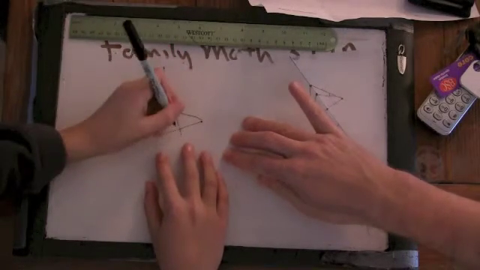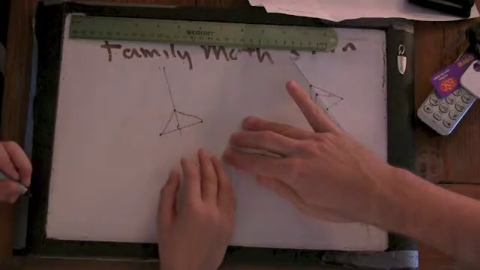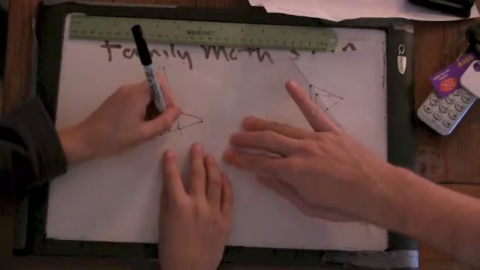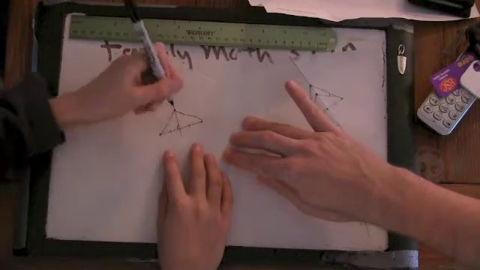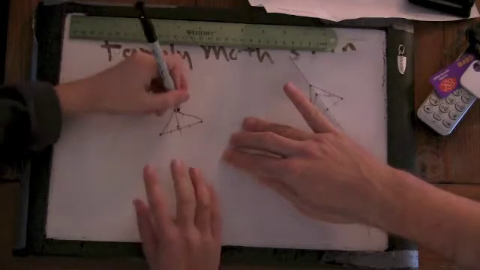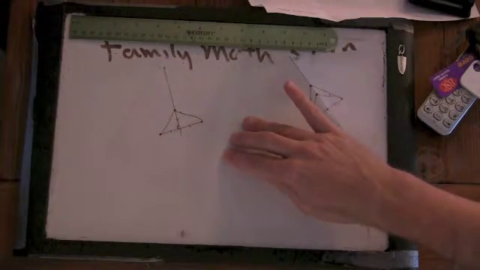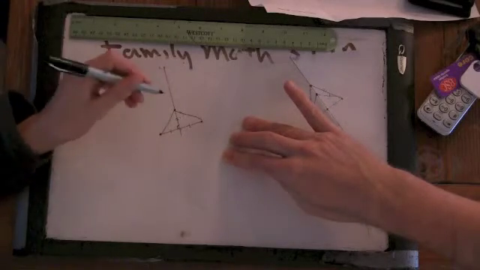Okay. So we know that this angle is 90. We know that these sides are the same because it's a perpendicular bisector, and we know that they share that side. Okay. So it's side angle side congruency.